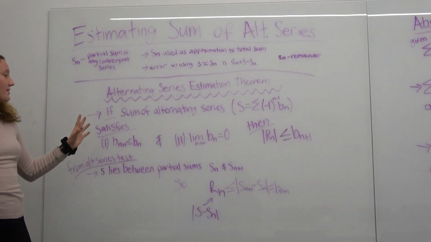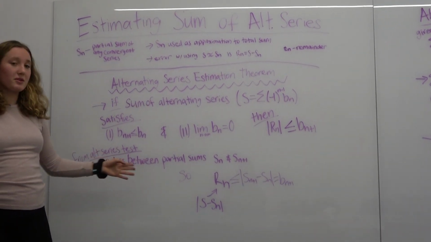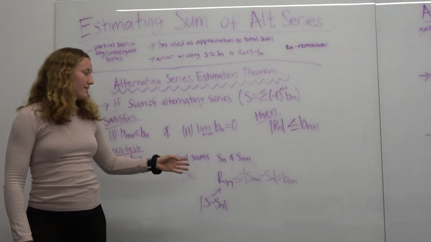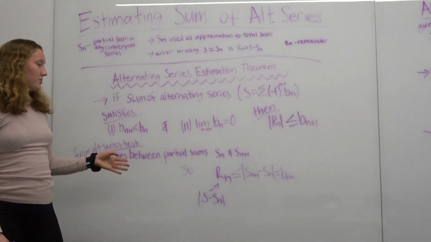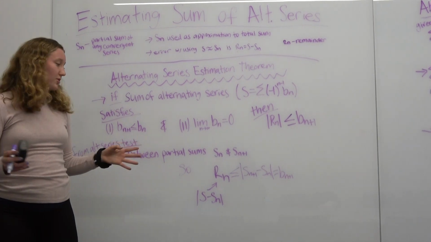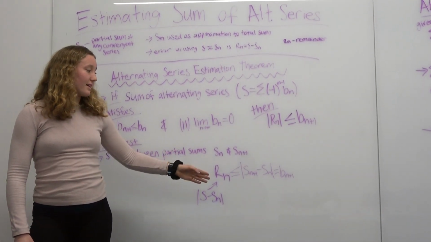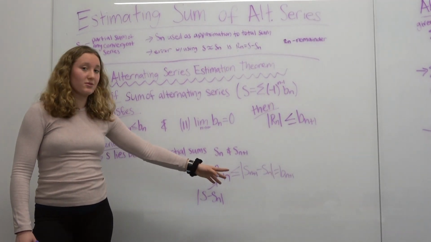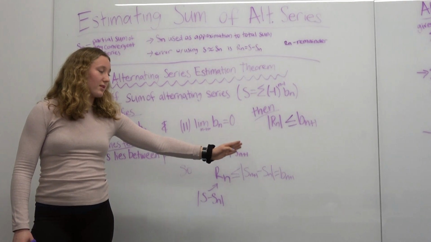Overall, from this theorem, we have the proof saying that S lies between the partial sums S sub n and S sub n plus 1, so S lies between the next two partial sums. And because of this, we can say that the remainder is less than or equal to the absolute value of the difference between these two terms, which is equal to the next term.